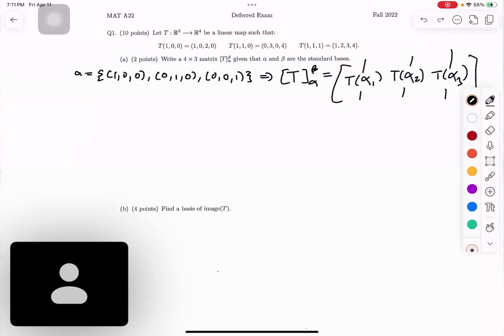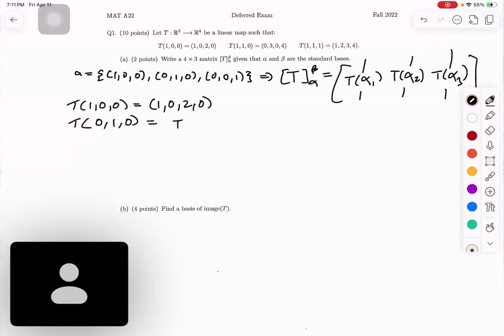So to get T(1, 0, 0), we get 1, 0, 2, 0, as it is given in the question. To get T(0, 1, 0), we take T(1, 1, 0) and subtract T(1, 0, 0), which is -1, 3, -2, 4.